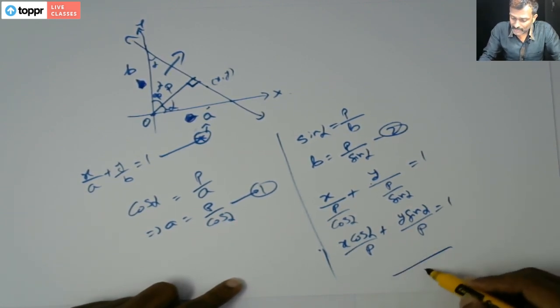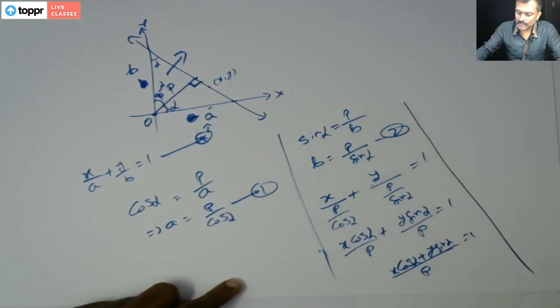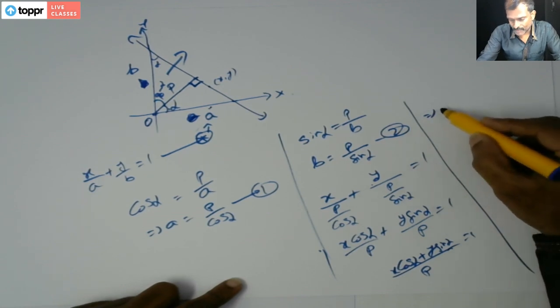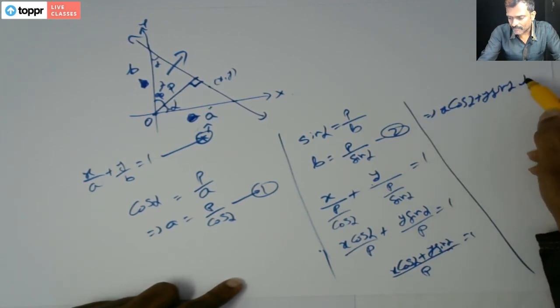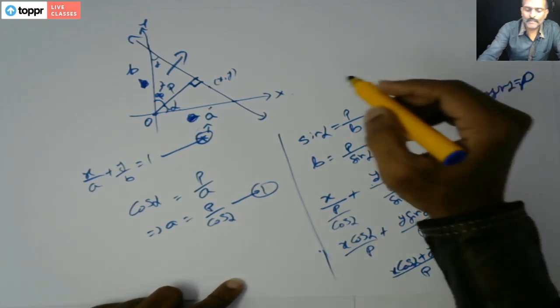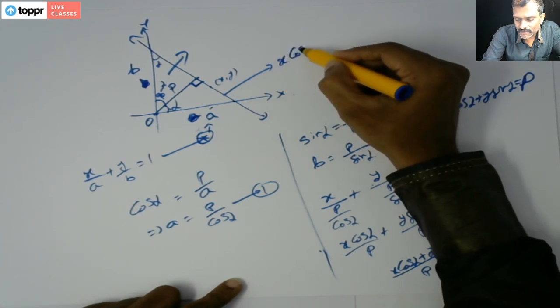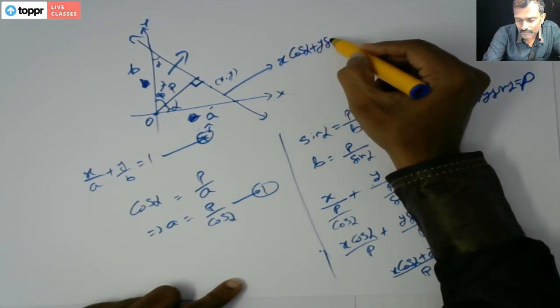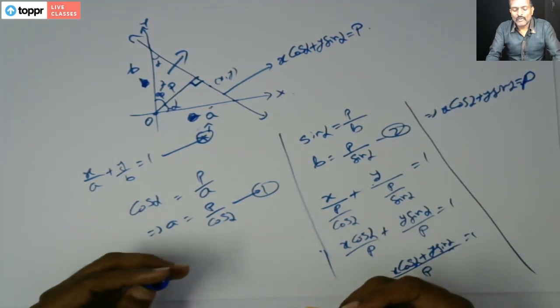If you take the LCM and simplify, you get x cos alpha plus y sin alpha is equal to p. So the equation of this line is x cos alpha plus y sin alpha is equal to p.